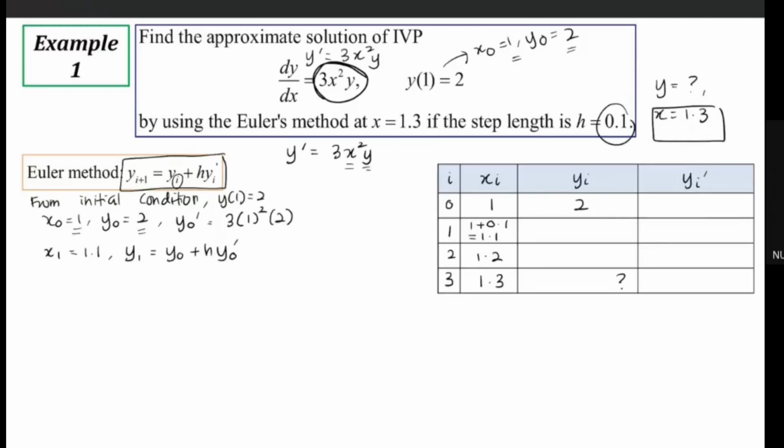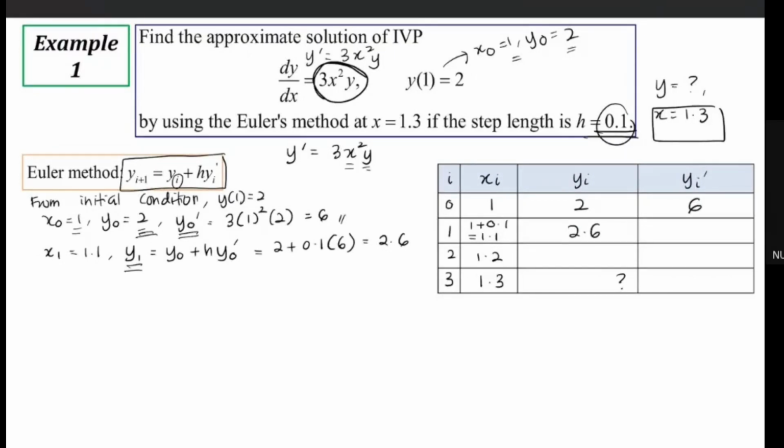You will get 6. So y naught prime equal to 6. Put it in your table. Next, using y naught and y naught prime, you can find y1. So y1 equal to y naught, which is 2, plus h, 0.1, multiplied by 6, equal to 2.6. And then put 2.6 in the table.